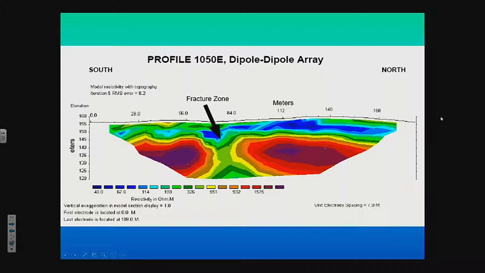And then below that, you've got some very massive rock that's very high resistivity. So presumably, this is the water level that's flowing down this fracture, but not really penetrating into these rocks here. So we'll be doing several of those lines as well.